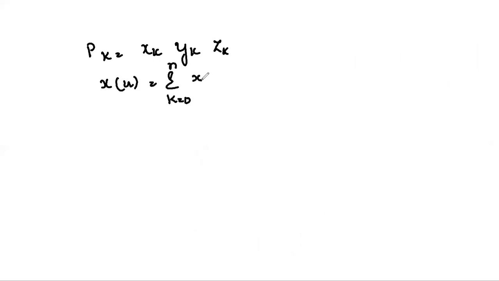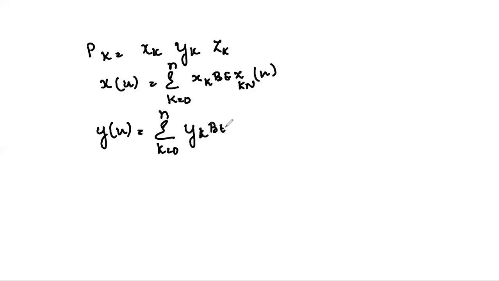What are those individual coordinates? These are the individual coordinates for us. So we can write x of u equal to the summation of k equal to 0 to n of xk BEZ kn of u. Similarly, you write it for y: y of u is equal to the summation of k equal to 0 to n of yk BEZ kn of u.